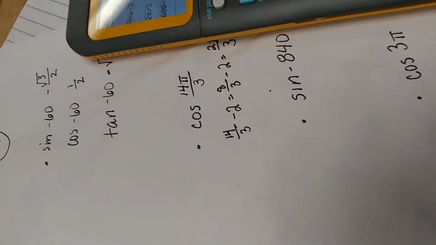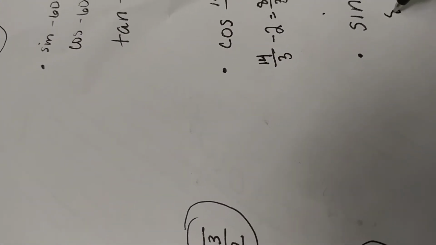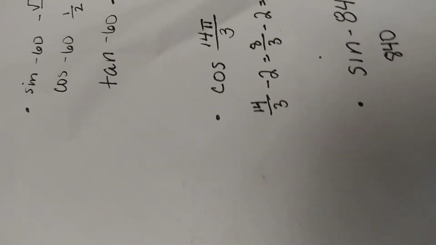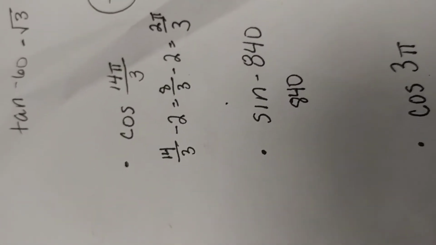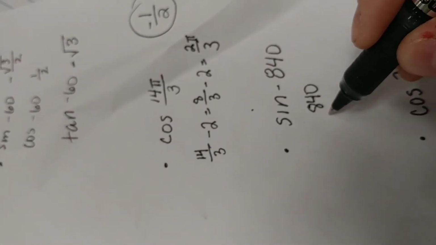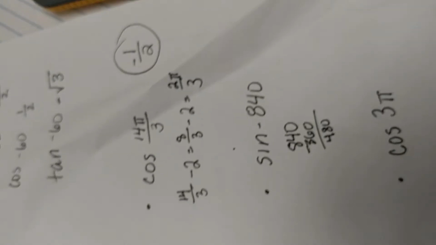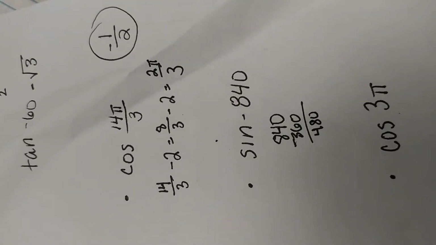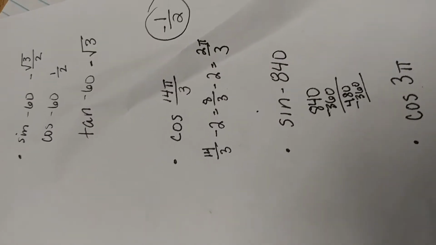Now here we do a sine. We have sine of negative 840. You are not addressing the negative when you're looking for your reference angle. You're just going to say 840 minus 360. When you do, you get 480. Still not on the unit circle, so you have to subtract another full circle in degrees.